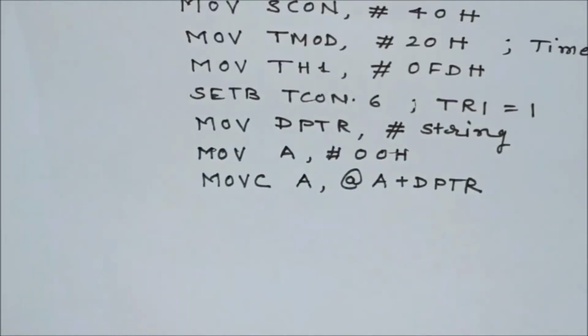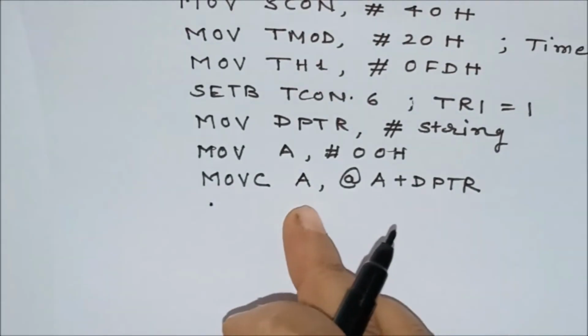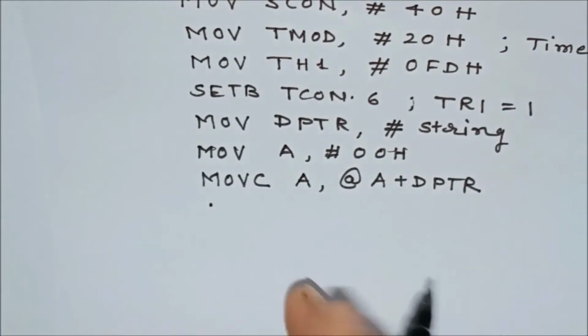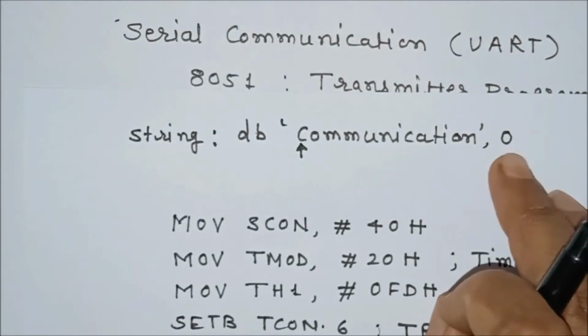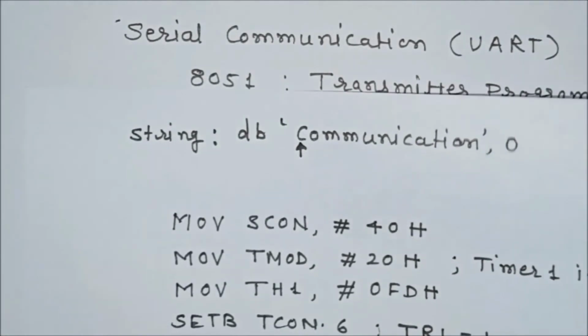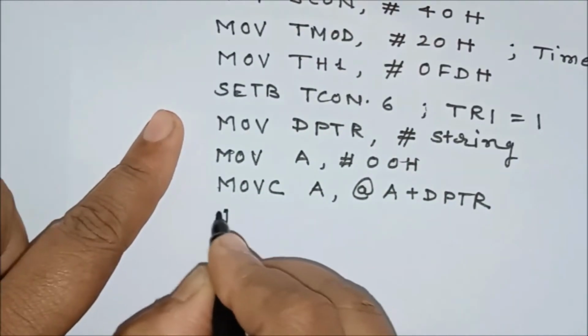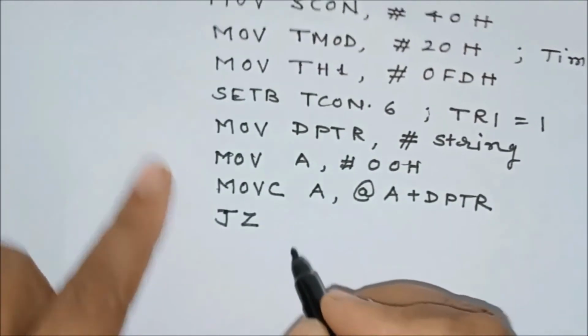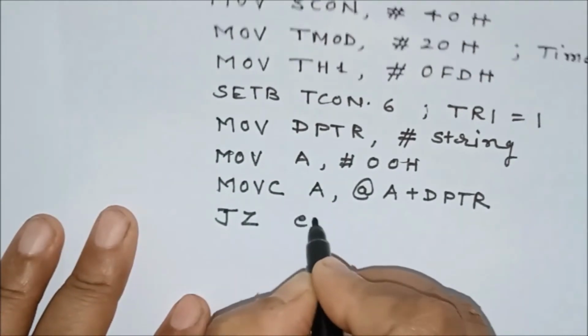Now this ASCII value we want to send serially. So for that we have to store this ASCII value into the buffer register, but before that, we have indicated the end of string with this 0 character. So we'll write the instruction JZ: if the accumulator data is 0, jump to exit.